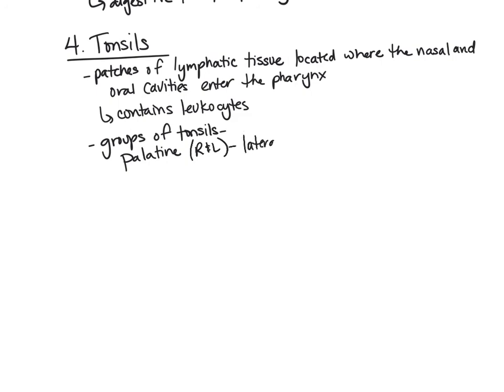So lateral, not meaning the middle, but on the sides, the lateral margin of the posterior, toward the back, oral cavity. So the space in the mouth, toward the back of the mouth region, toward the throat.